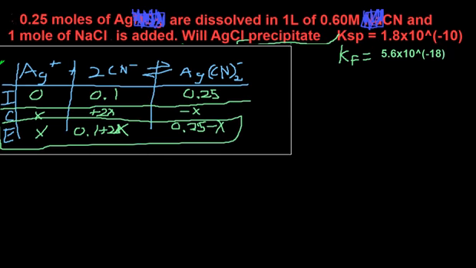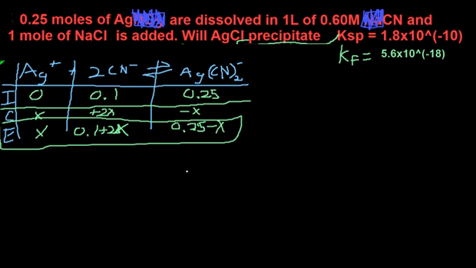Alright, so now for an equilibrium expression, we have our Kf, which is equal to 5.6 times 10 to the negative 18.